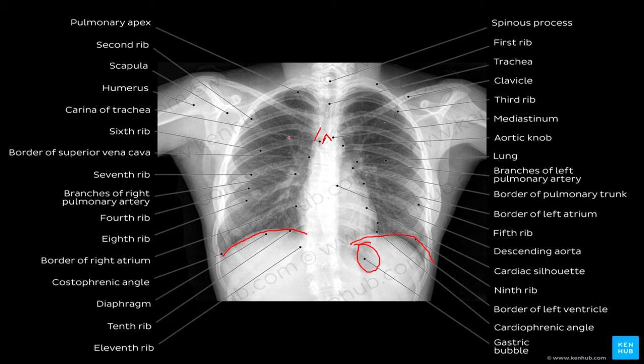We see these thin structures, they are vessels of the lungs, and the hilum of the lungs. We have two pockets, if we want to call them like this, costophrenic and cardiophrenic. We must look here for pleural effusion.